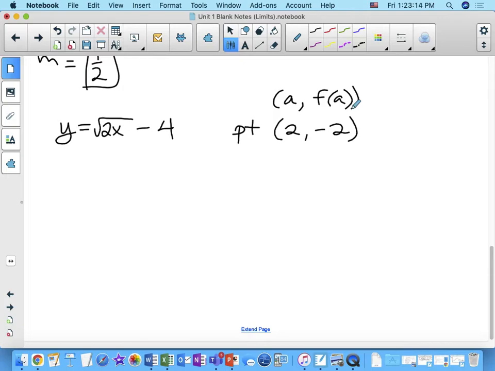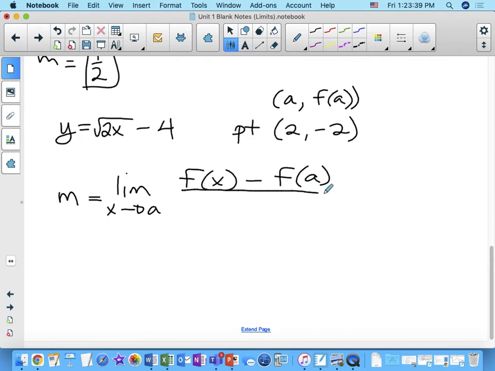Okay, so the other way that we can do this is that m is the limit as x approaches a of f of x minus f of a over x minus a.